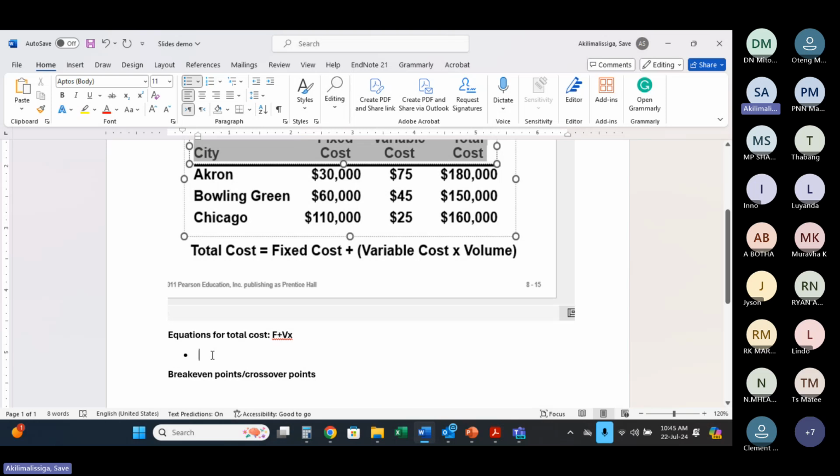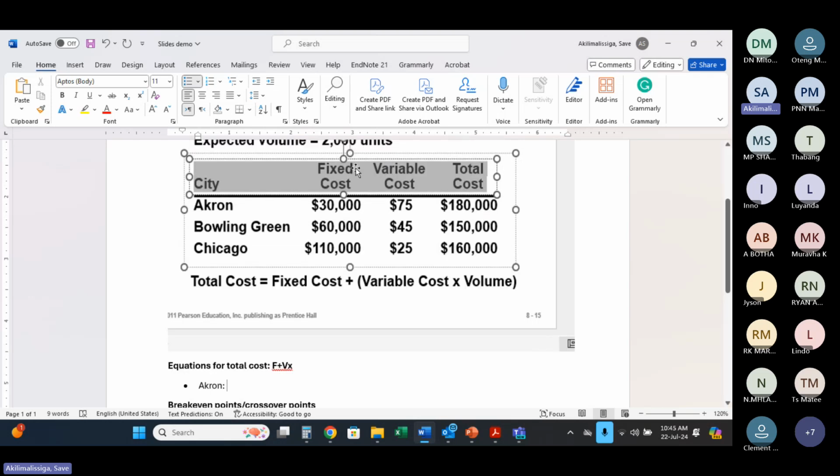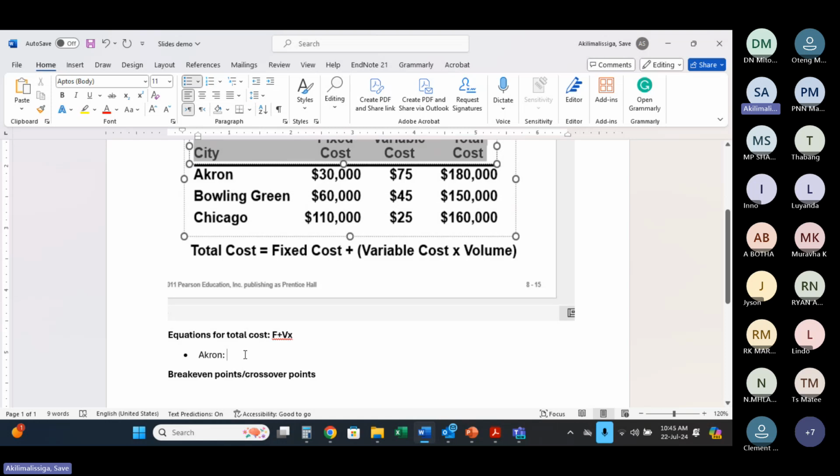So in this case, we're going to have Akron, and the equation for Akron is you have a fixed cost. The fixed cost here is 30,000, plus the variable cost. The variable cost here is 75, so 75x.